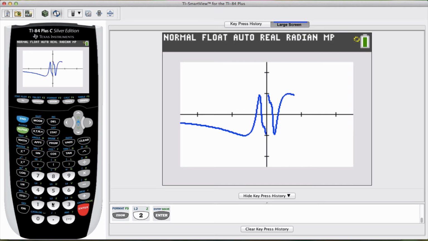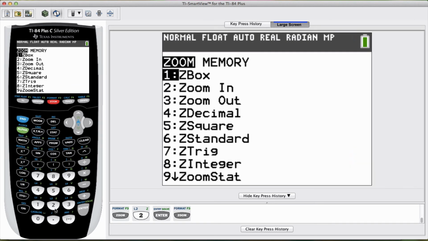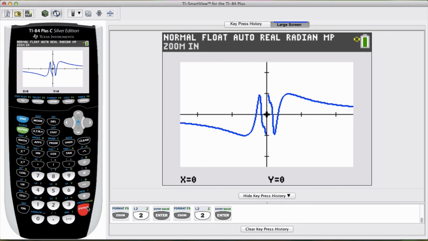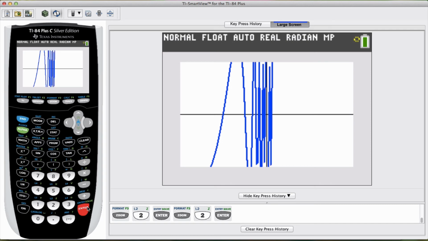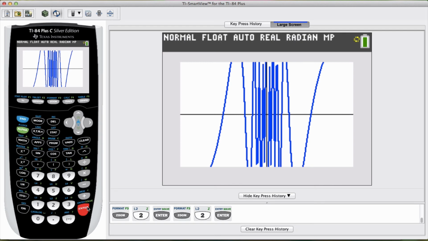So it's like this picture, now we're just looking at it at a different angle. That still doesn't show me much. So I'm going to zoom in again. And this time, we're going to see something kind of crazy happen. Okay, see how it's just going up and down so quickly? That to me shows that something weird is happening.